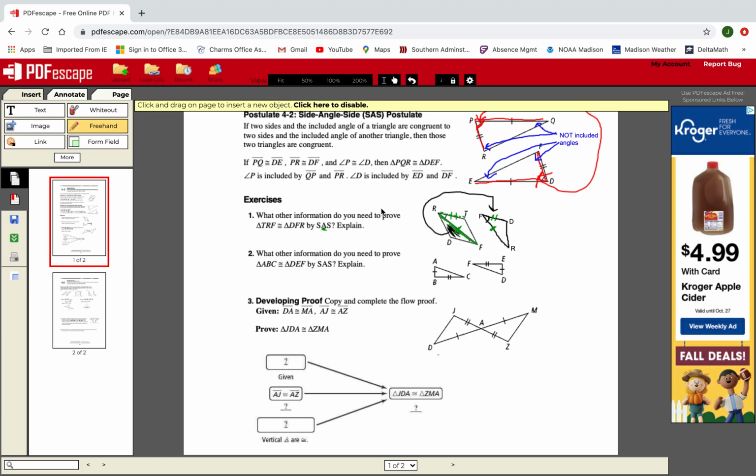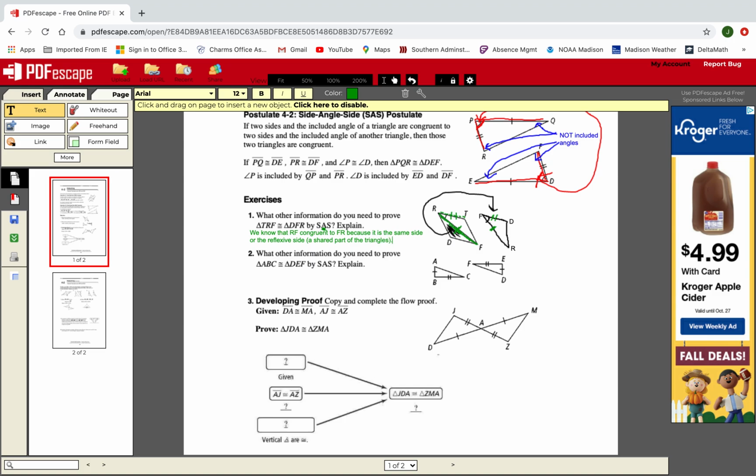So let's make some notes about that here in the problem. We know that RF is congruent to FR because it is the same side, or the reflexive side, okay, a shared part of the triangles.